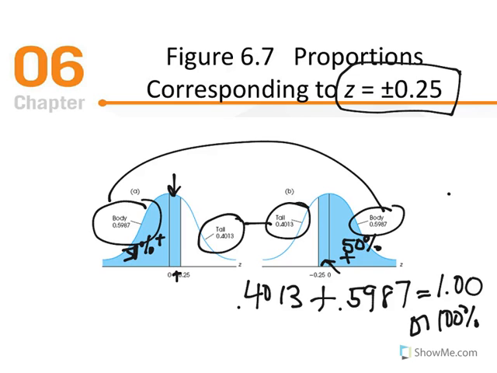Now please don't make the mistake that many students make, and that is to report a proportion as a negative when we're working with values below the mean. This proportion here, the body of 0.5987, just because it's on the left side below the mean, does not mean that we would report a proportion of negative 0.5987.